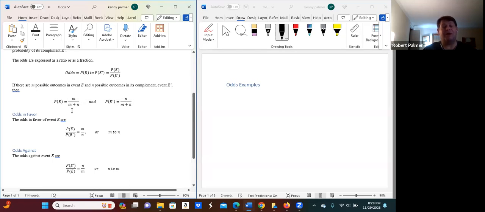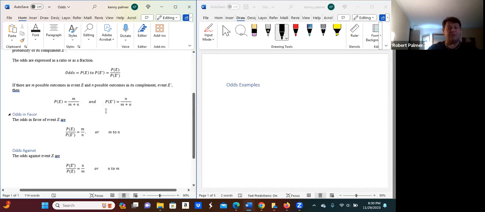Remember, m is the number of ways the event itself can happen, and n is the number of ways the complement can happen. So add those together, and those are the possible number of outcomes that can happen. So if the probability of E is the number of ways E can happen over the total, then the probability of its complement is the number of ways n can happen over the total.